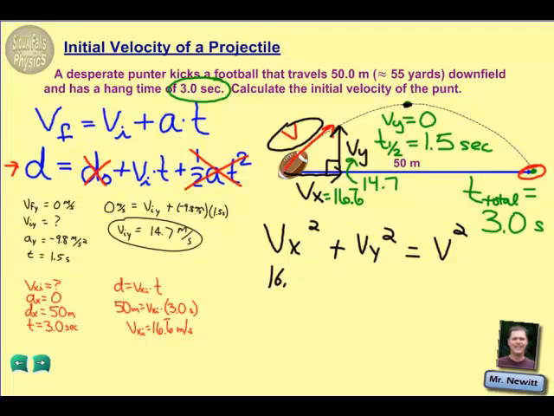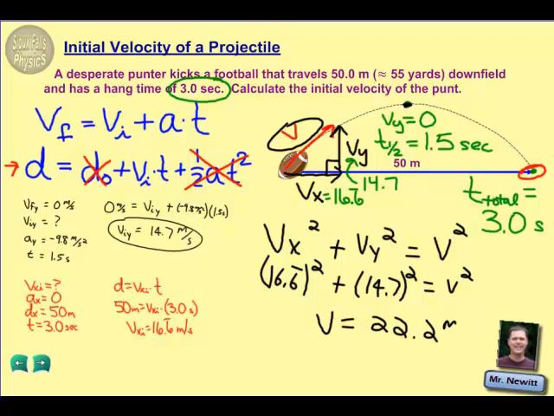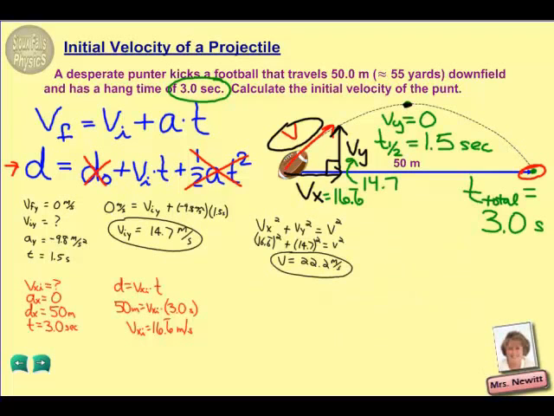So if I put 16.6 repeating and square that plus 14.7, square that, that will give me my resultant velocity squared. And just doing a little bit of the math there, you'll get a resultant velocity amount of 22.2 meters per second. So that means then that our football left that punter's leg with a velocity of 22.2 meters per second, which translates into 14.7 meters per second up and 16.6 repeating meters per second to the right.